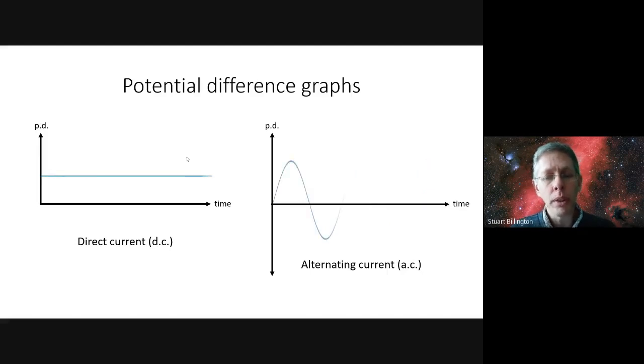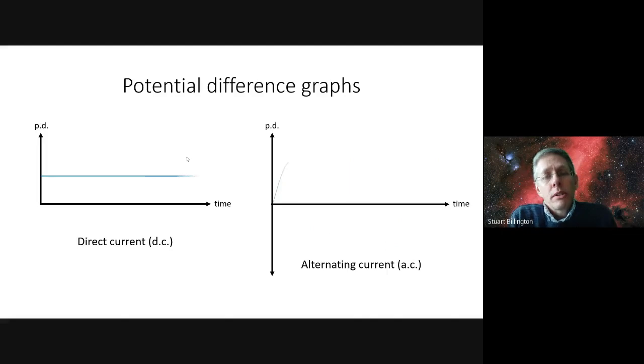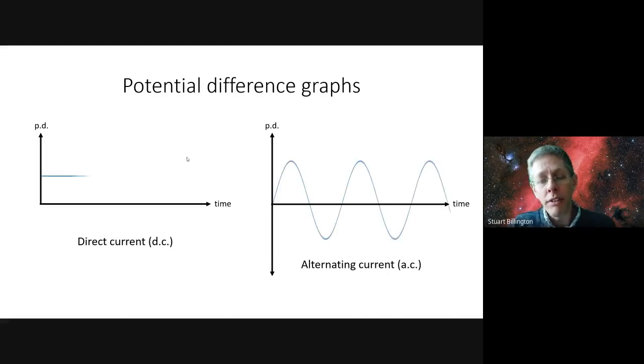What that means is that you get this kind of shape in which it grows and grows in potential difference, hits a peak, and then it tumbles back down again, and then it reverses. And it goes negative, which means the current flows in the other direction because the positive and negative terminals have swapped roles.